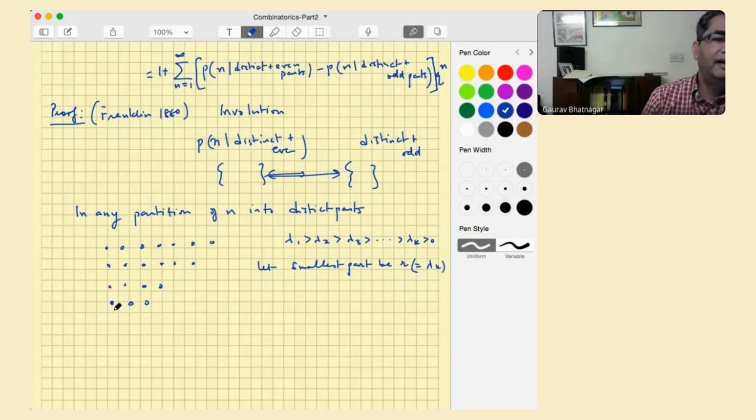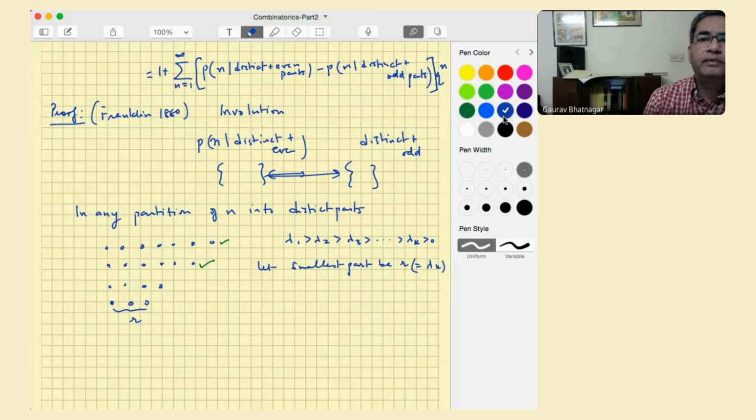And you look at the longest set of number of points with slope minus 1 from the right.